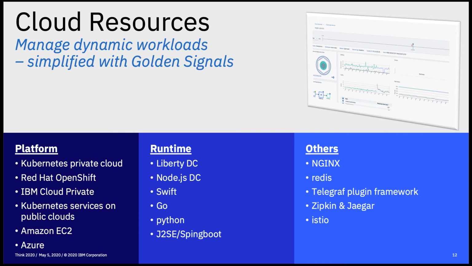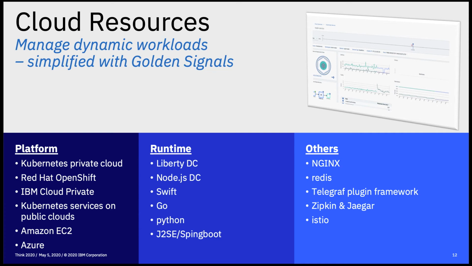Examples include several platform-related ones like Kubernetes, Red Hat OpenShift, runtimes like Liberty and Node.js, and distributed tracing tools like Zipkin and Jaeger, to name a few.